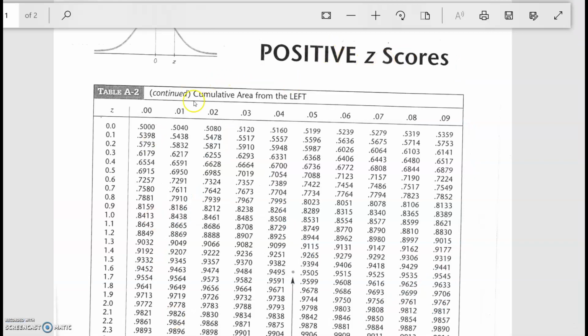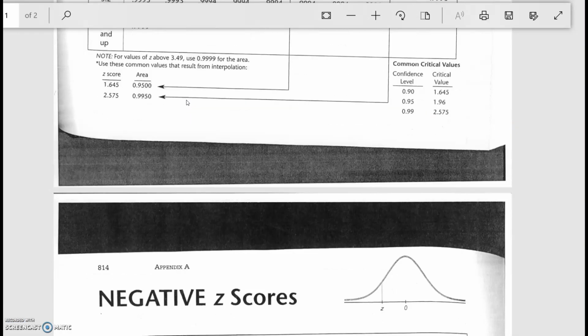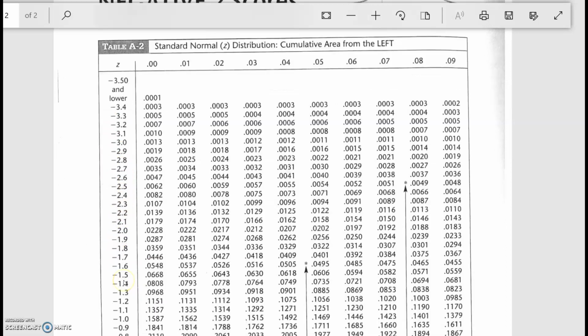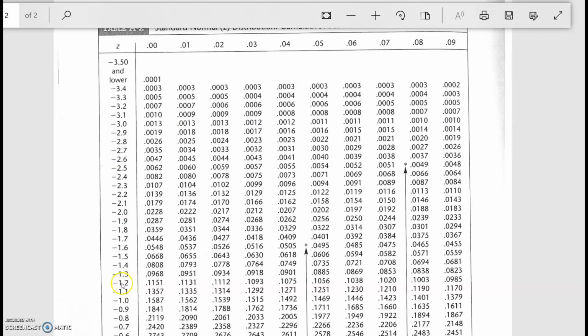Now as this is positive z-scores, I need to go down to the negative z-scores. And I needed negative 1.2. So negative 1.2, there it is right there. And then 0.03, so there's 0, 1, 2, 3.